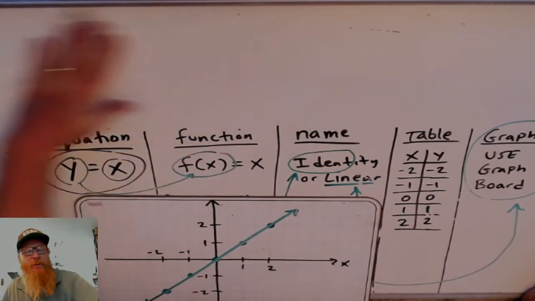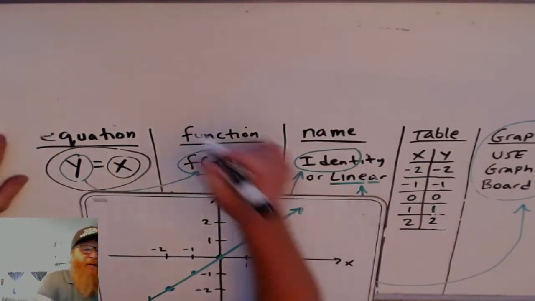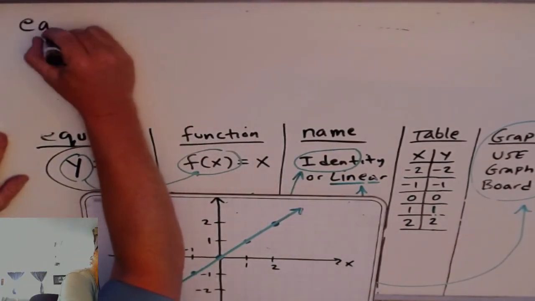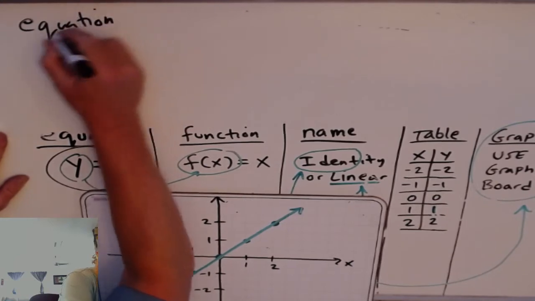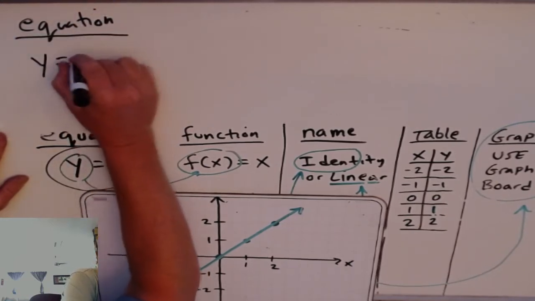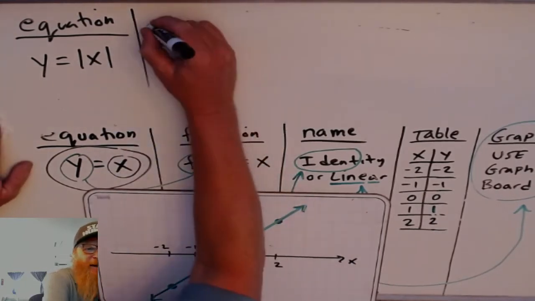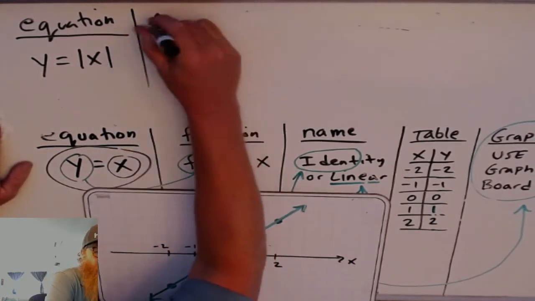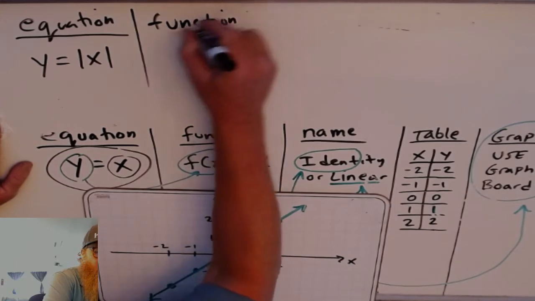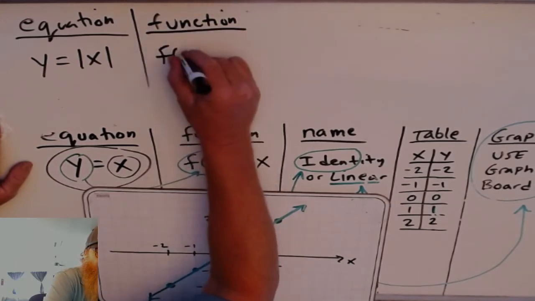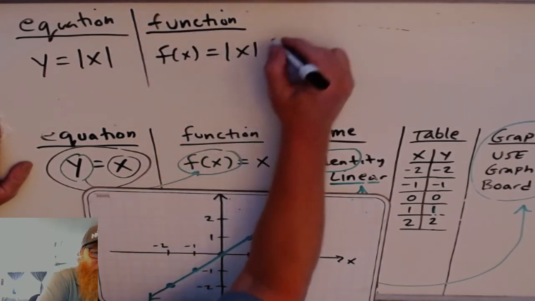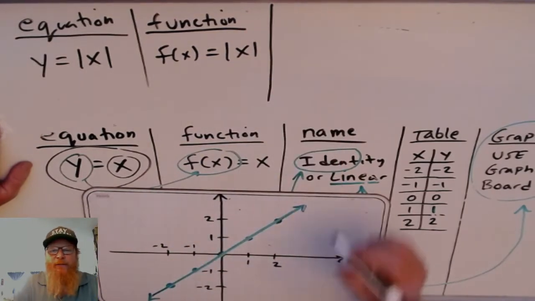Okay, that's the first one. The next one is called y equals absolute value of x, or f of x equals absolute value of x.